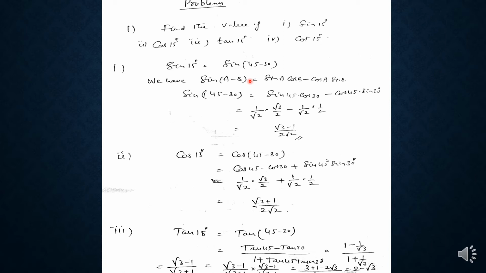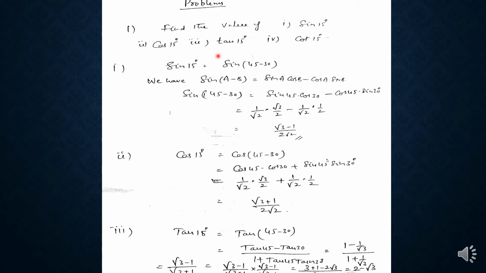So sin 0 is 0, sin 30 degrees is 1 by 2, sin 45 is 1 by root 2, sin 60 is root 3 by 2, sin 90 is 1. Thus we learned the trigonometric ratios with 0, 30, 45, 60 and 90 degrees.